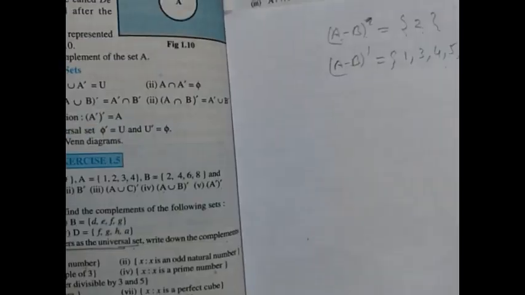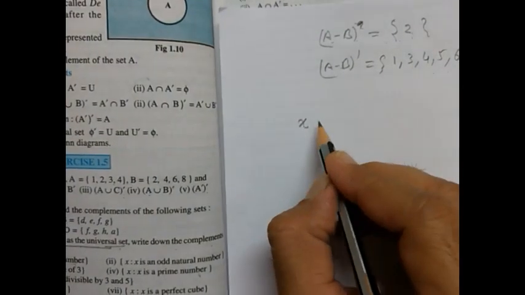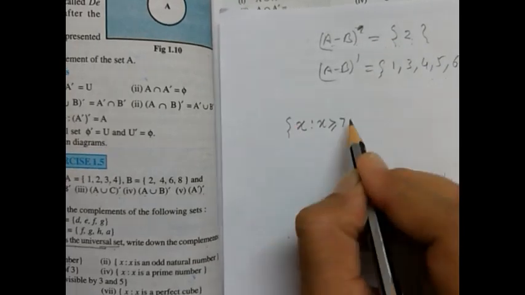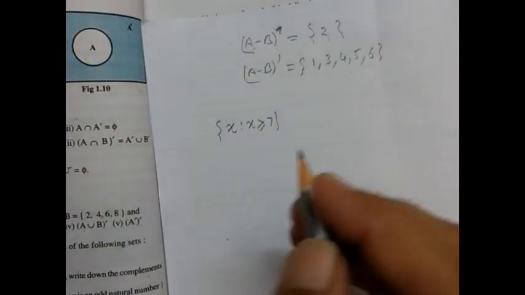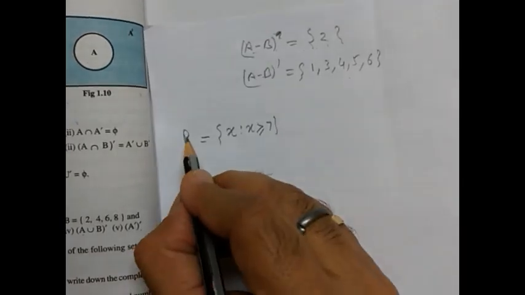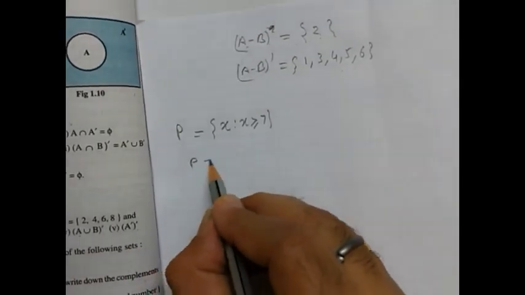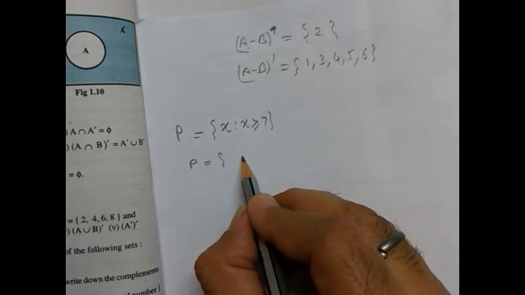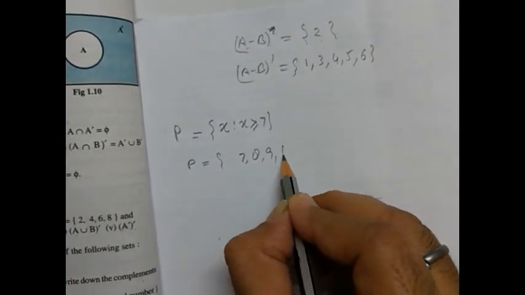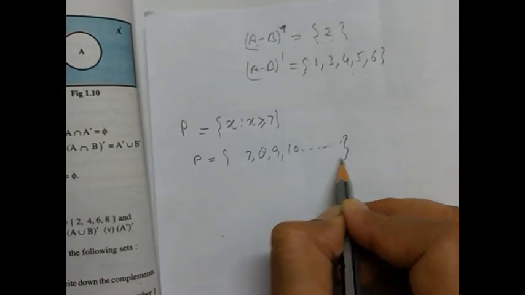If not, just take it up here. Here it says X is such that X is greater than 7. Suppose we take it as set P. P will list the elements 7, 8, 9, 10 and so on, which will be infinite.